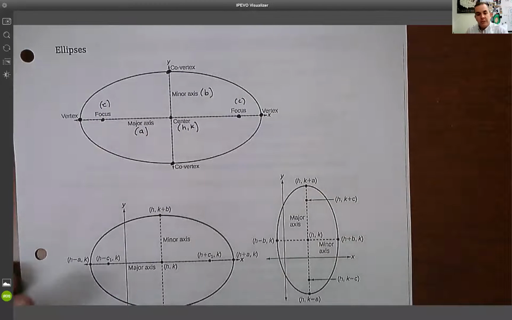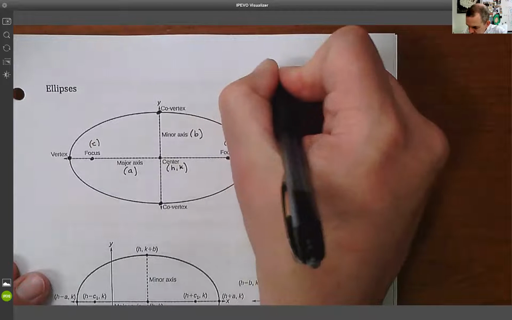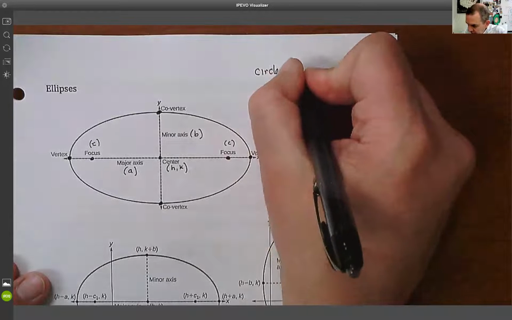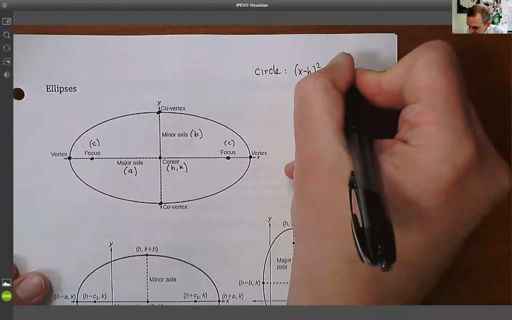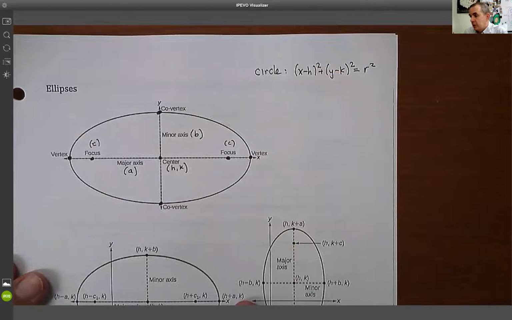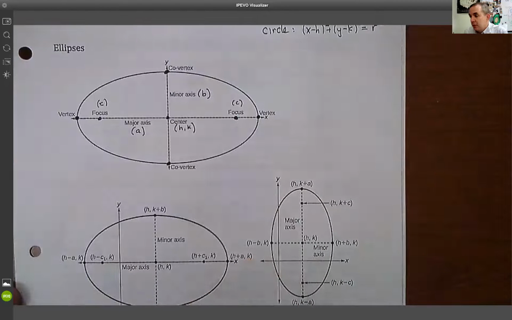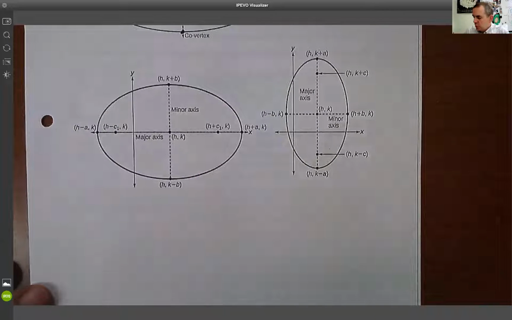Now, we looked at the equation of a circle, and if you remember, the equation of a circle was (x − h)² + (y − k)² = r². That was our standard form of a circle. I'm going to tell you there are two different ones for ellipses, but they look the same with just one change.